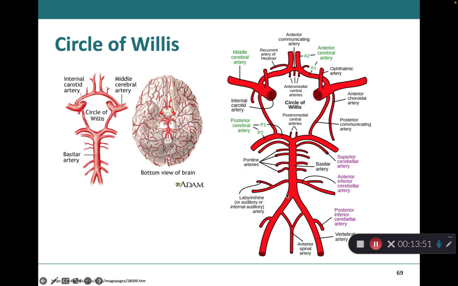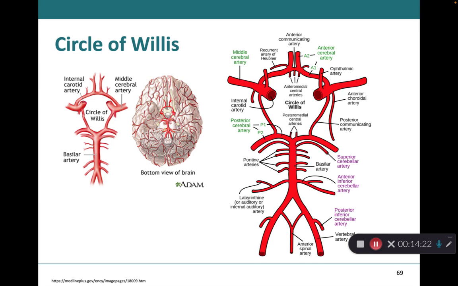So if these anterior inferior cerebellar arteries were to be occluded, this would give lateral pontine syndrome. This affects cranial nerve 7, the facial nerve, and it causes cranial nerve 7 palsy, so paralysis of the facial muscles. And this is ipsilateral, so it would happen on the same side of the body.